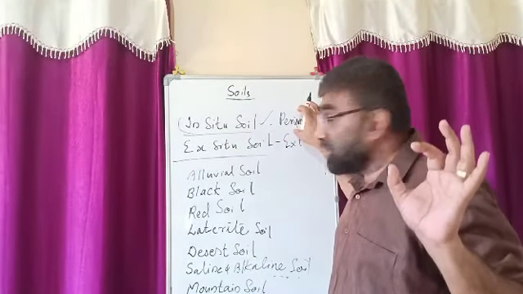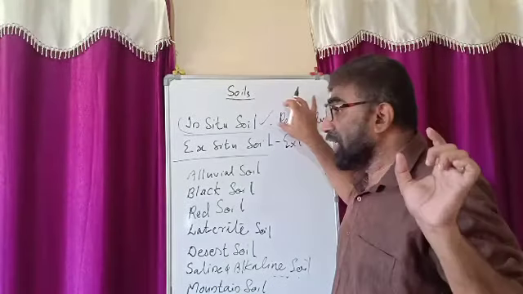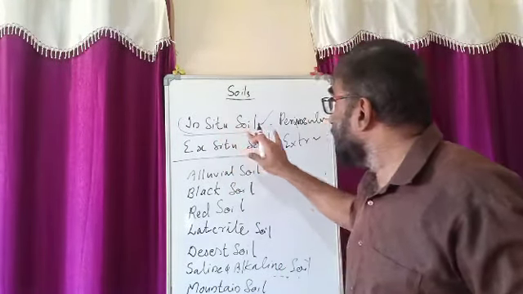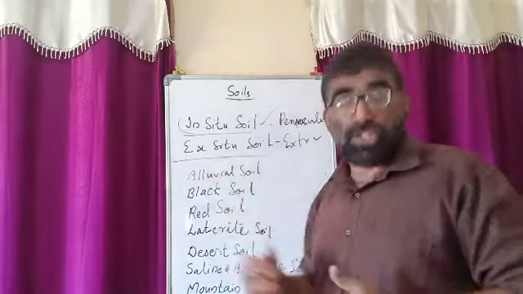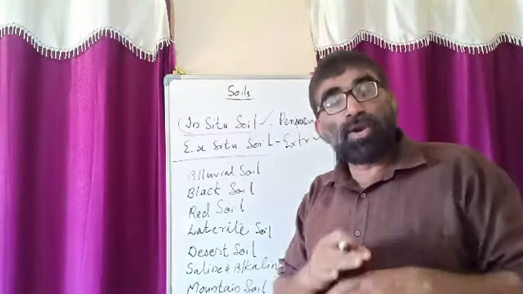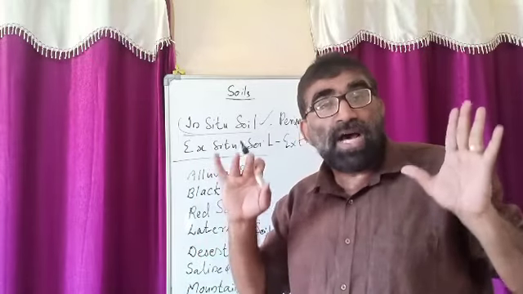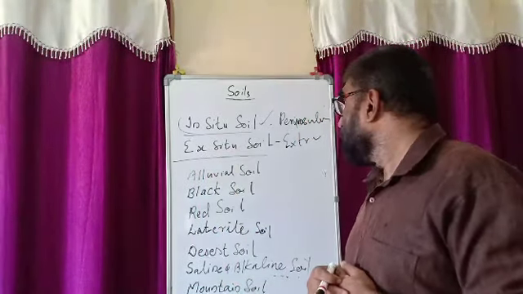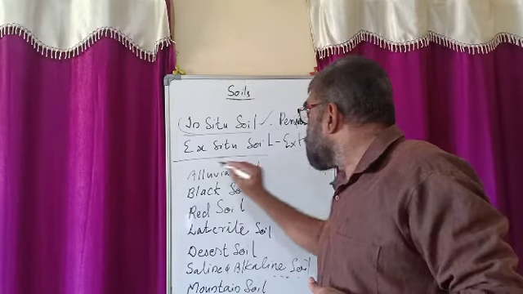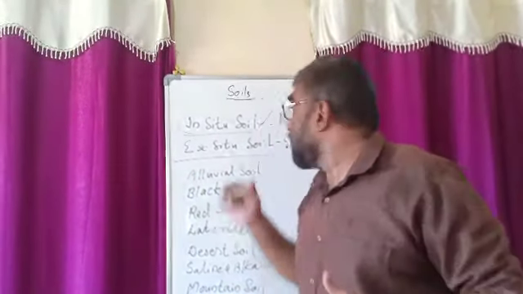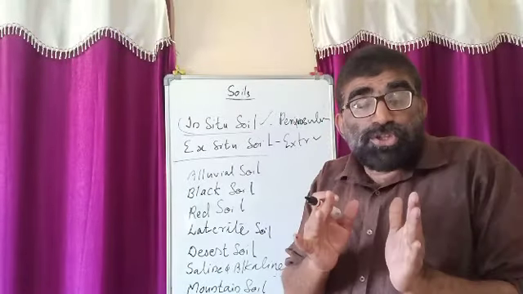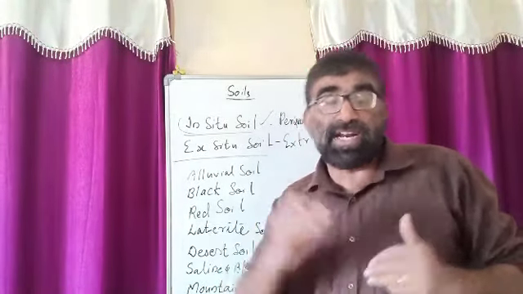Geologically, the soil is classified into in situ soil and ex situ soil. In peninsular India, the soil is in situ. They are not transported from the place of their origin. In situ soil is also known as sedentary soil.